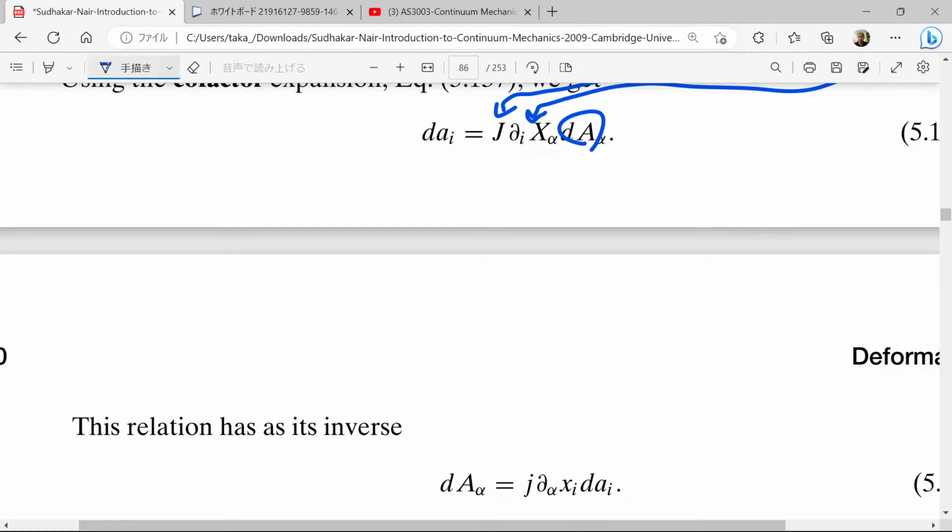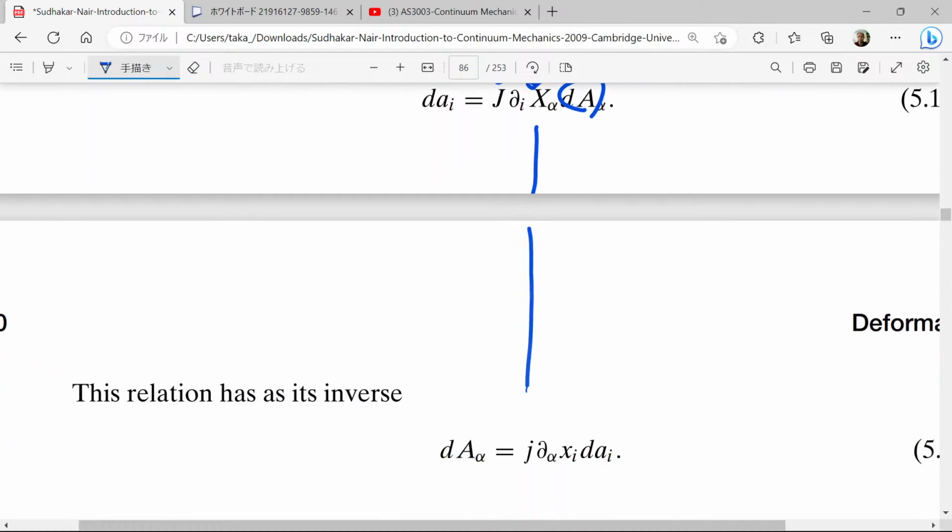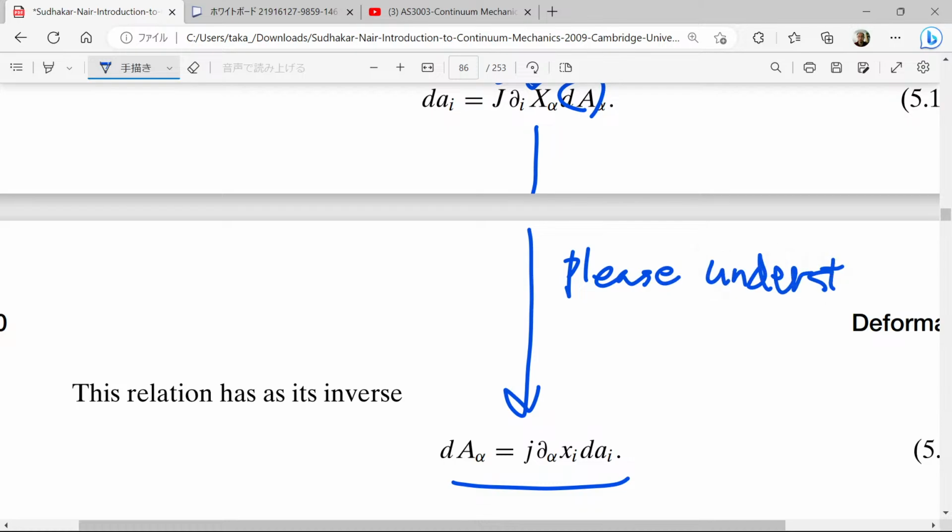I'm sorry, I don't think I can prove this. We will understand this by analogy. Please understand using analogy.